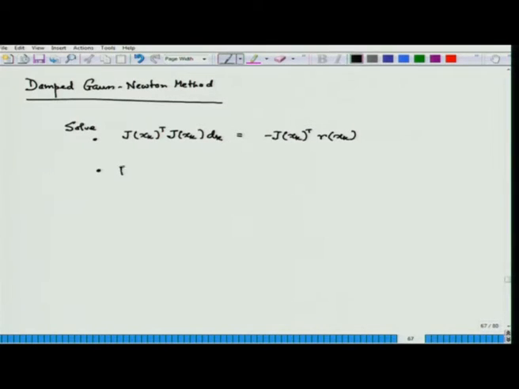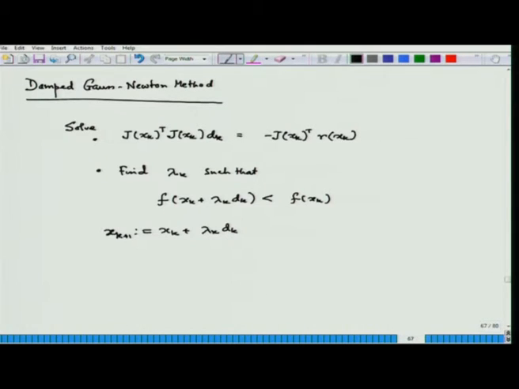Now, find lambda_k such that I get a complete descent: f of x_k plus lambda_k d_k, that is my x_{k+1}, must be strictly less than f of x_k, and then basically you set x_{k+1} to x_k plus lambda_k d_k.